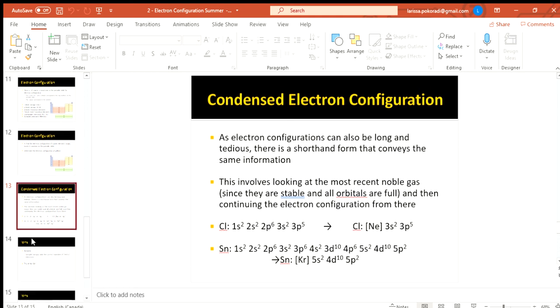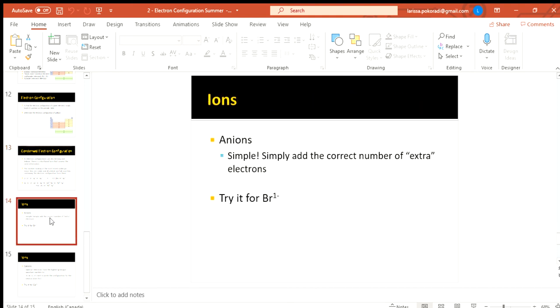There's one other thing we have to add to this, which would be ions. So we can either gain some electrons, or we can lose some electrons. Obviously, if we're doing electron configuration, they'll have to be shown somewhere. If we're looking at anions, something with extra electrons, that's the nice one, because all you have to do is just smack extra electrons on.